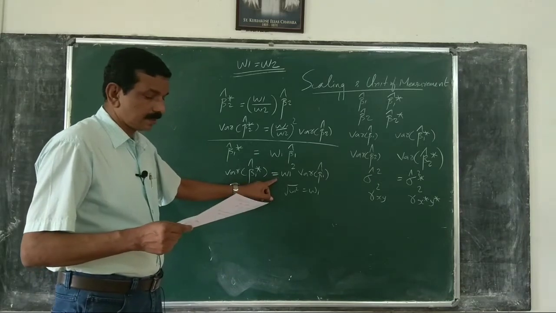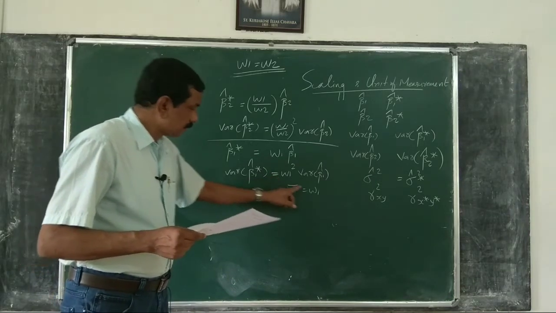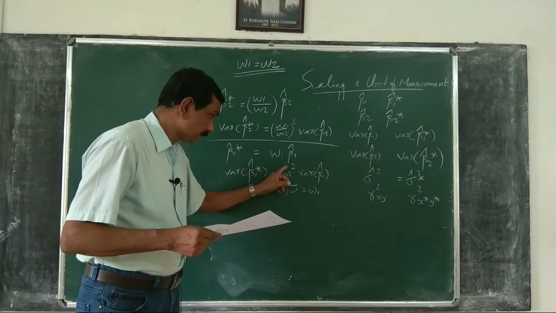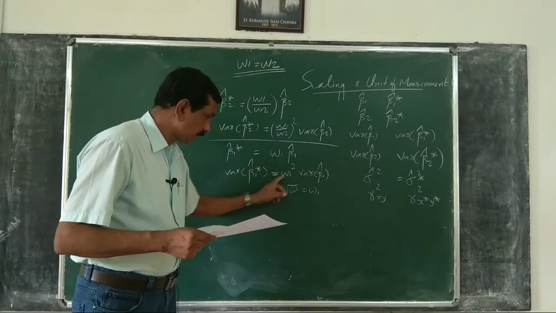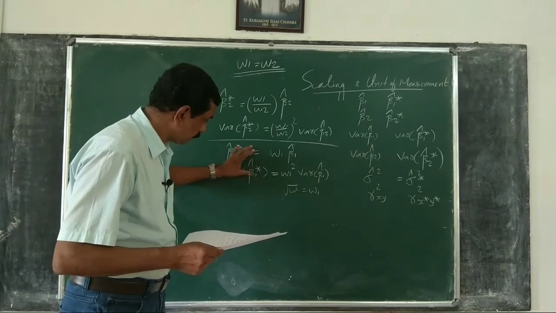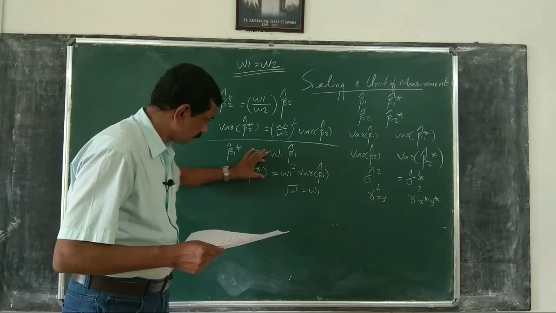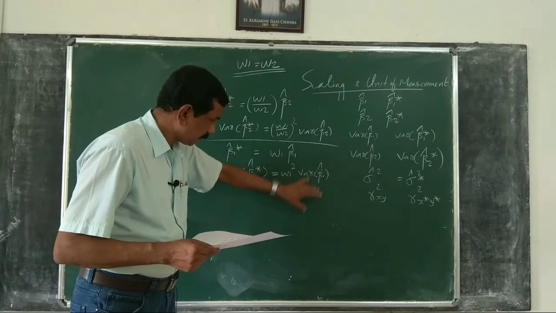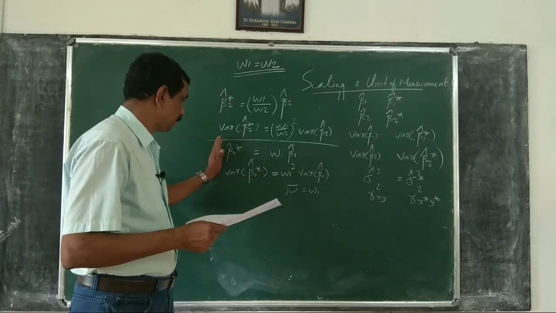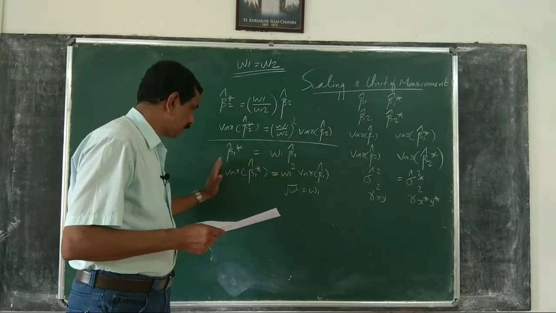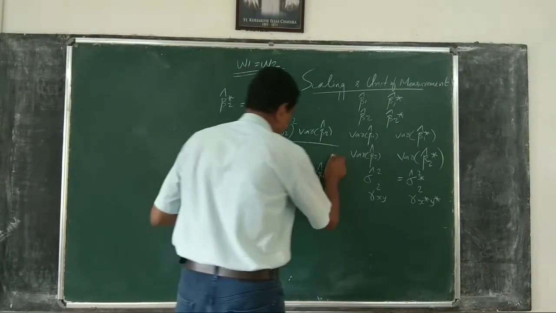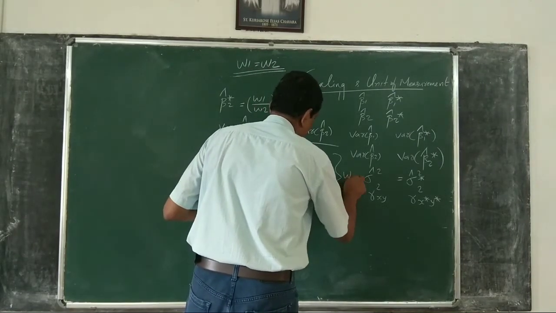And as you can see, the variance is W1 square into this. But when we take the standard error, the standard error of beta 1 hat star is W1 times standard error of beta 1 hat. So both beta 1 hat star and its standard error are multiplied by W1.